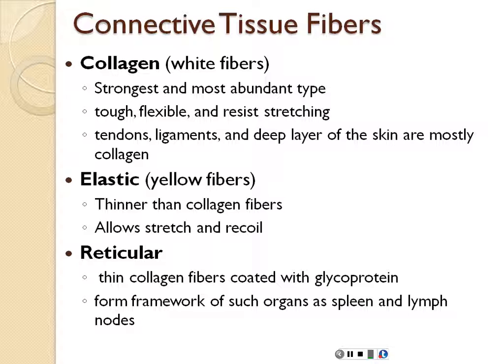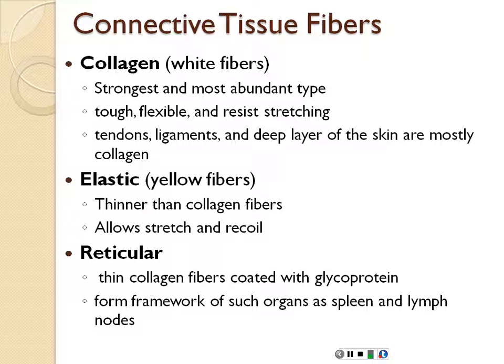And then you have elastic fibers, yellow fibers. Most of the connective tissues are going to have some variety of these types of fibers. It may have more white fibers than yellow, depending on the job that tissue has to do. Yellow fibers are elastic, and these are found in tissues that have to stretch and recoil.